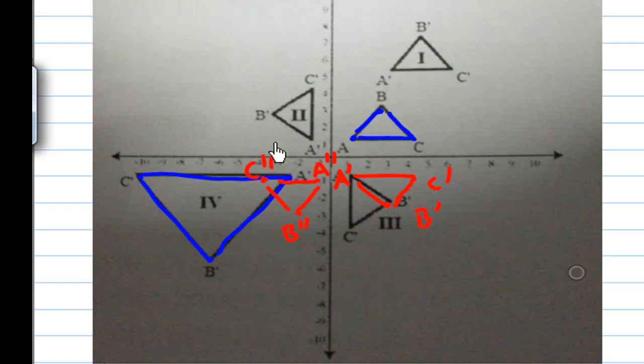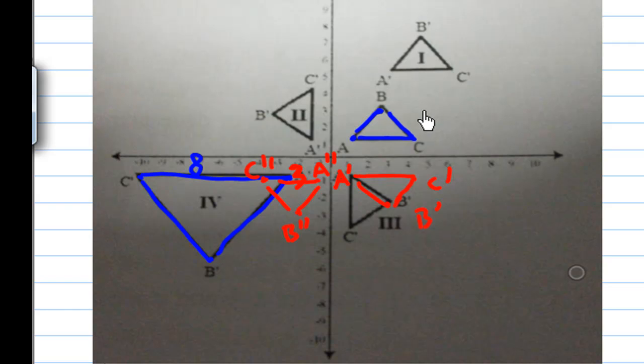And then you do a scaling. Now how much do you scale? First we note that the length of A double prime, C double prime is 3. It's the same as AC. And the horizontal length of the final image 4 is 8. So you have to do a scaling or enlargement in the horizontal direction. The ratio is 8/3. Then you look at the scale factor in the vertical direction.